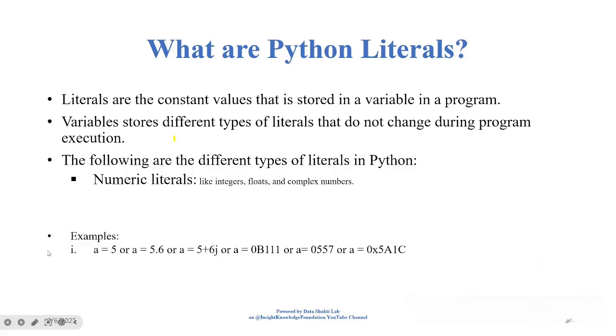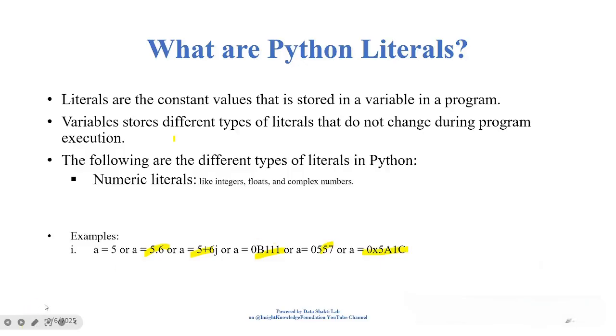Here, let me use a highlighter. It has stored a float value or a complex value, or it might use a binary value or an octal value or a hexadecimal value, right?